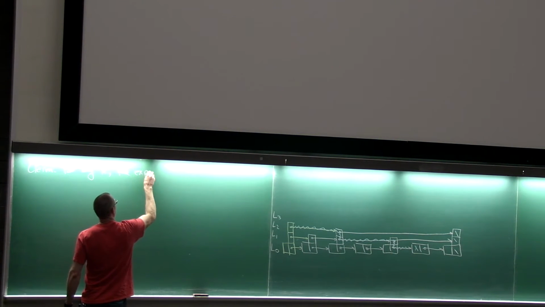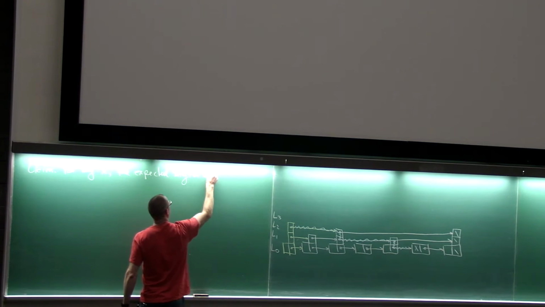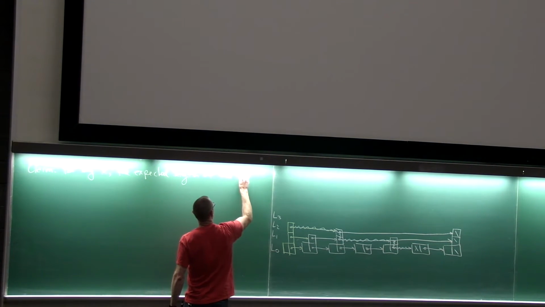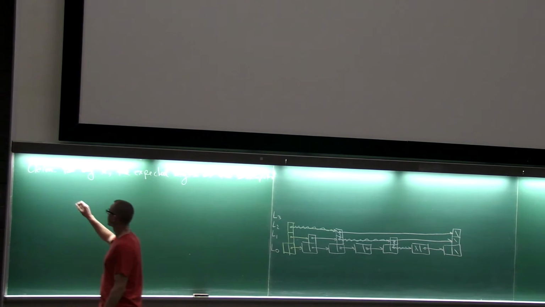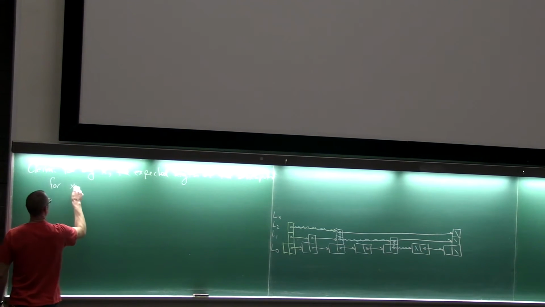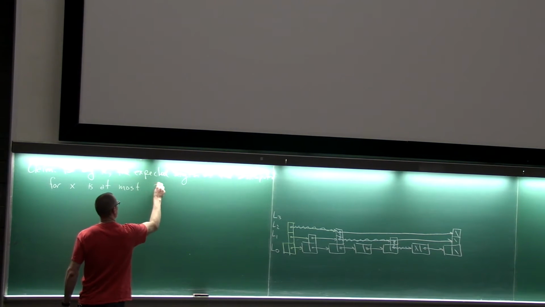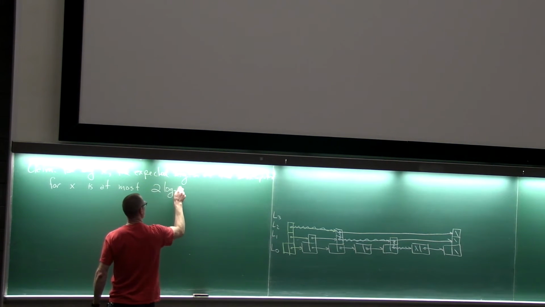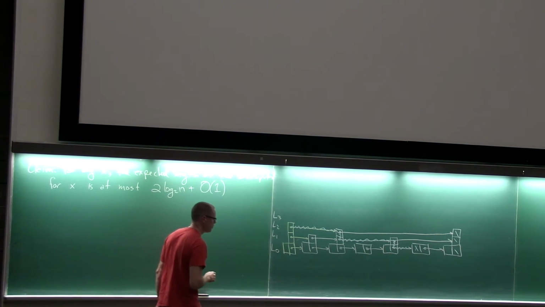the expected length of the search path to X is at most 2 log base 2 of n plus a constant.